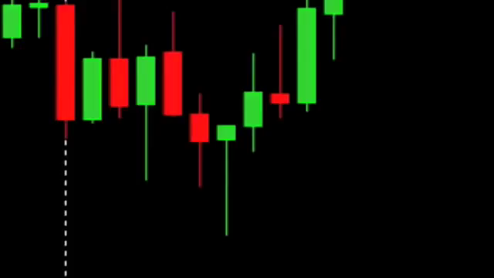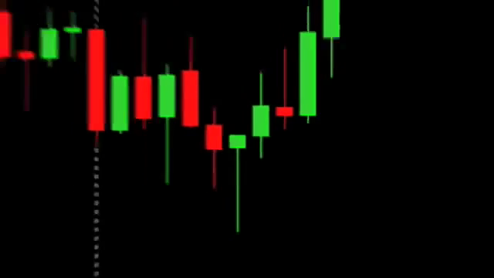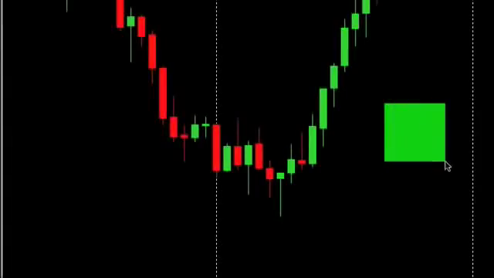Now the definition of a hammer is that for any candlestick, we have got tails and we've got a body. The body can be of any size, and typically what I find to be very good hammers are more of a square block, though it doesn't have to be. Now the tail absolutely has got to be 2 times the width of the body.